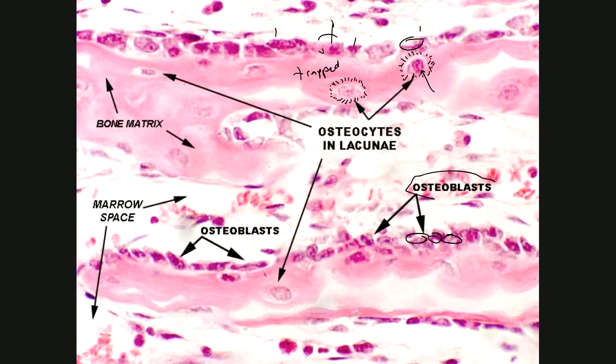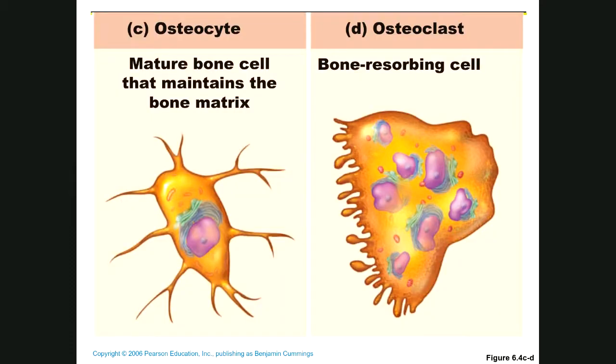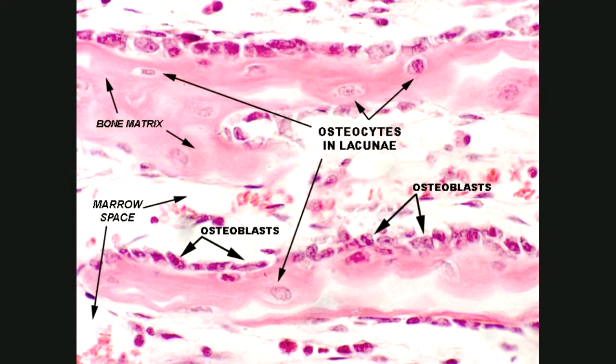And what happens is these osteoblasts change, and they turn into what are called osteocytes. And osteocytes don't look like osteoblasts anymore. They look like this. So remember, an osteoblast looked like this.